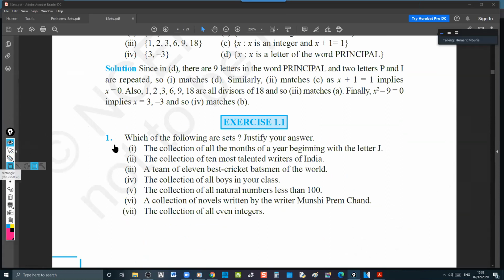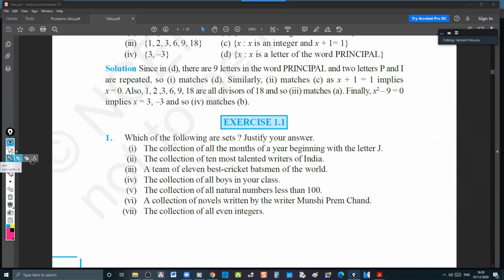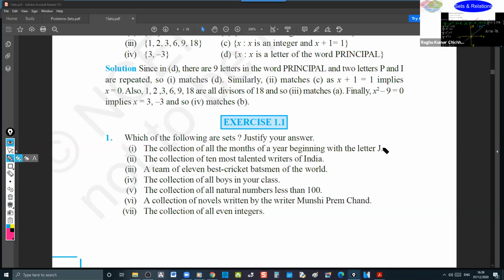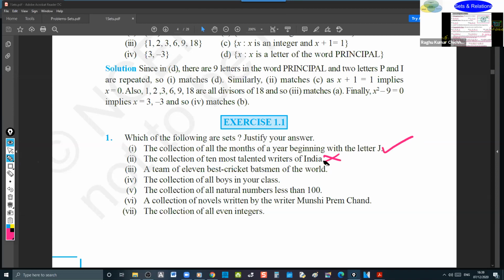The collection of all months of a year beginning with the letter J. That's January, June, and July. Now, what is the question, please? Oh, which of the following are sets? Sorry, sir. So the first one is a set. Okay. The second one cannot be a set because he didn't specify what kind of talent is needed. Okay. The third one is also not a set.